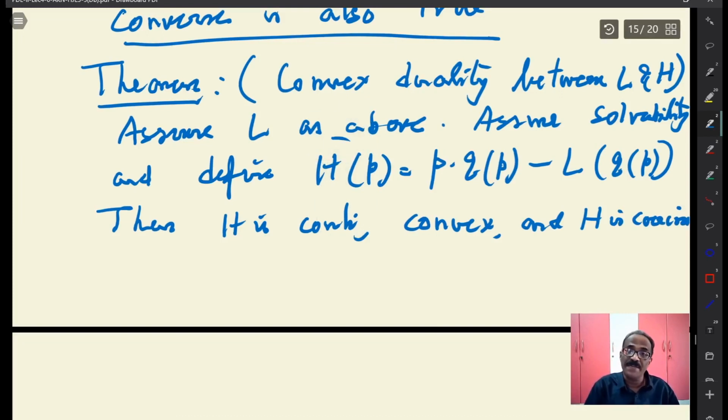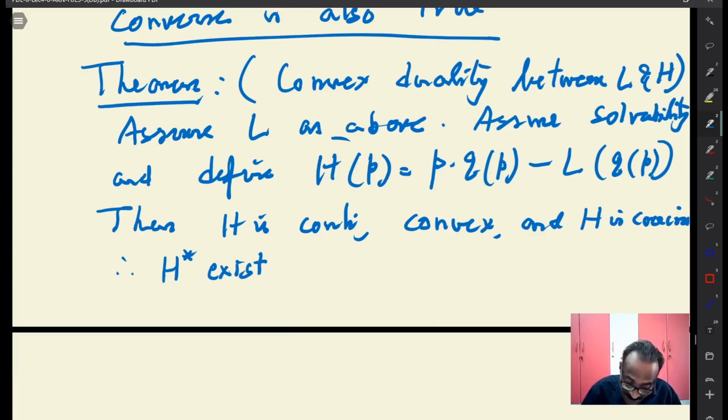You can also define H star now. Therefore H star exists, right? Because it satisfies similar properties. You take the supremum, so H star exists.